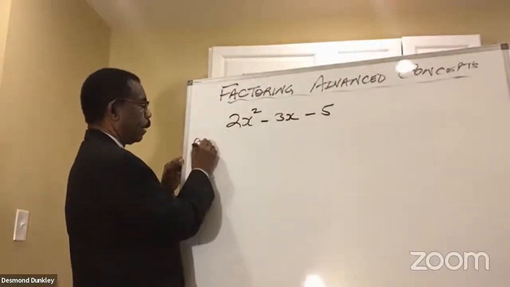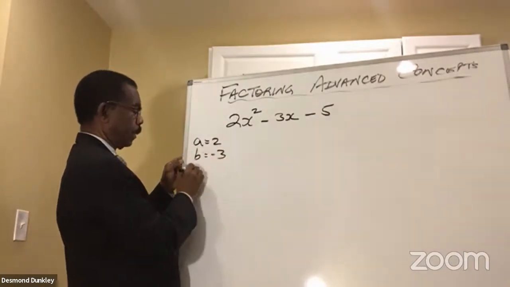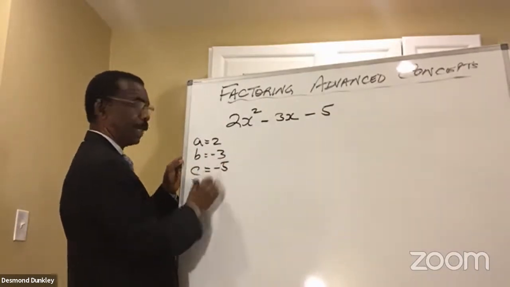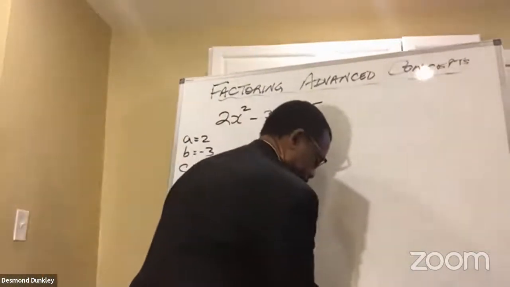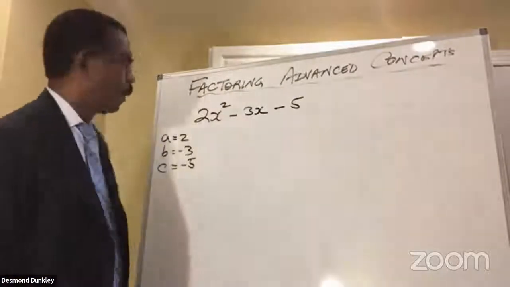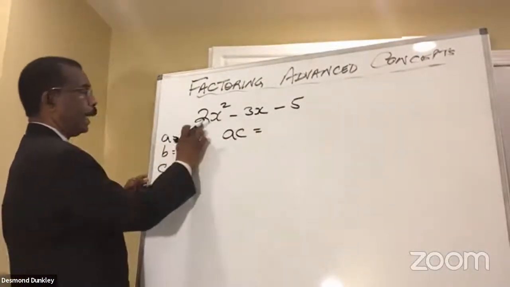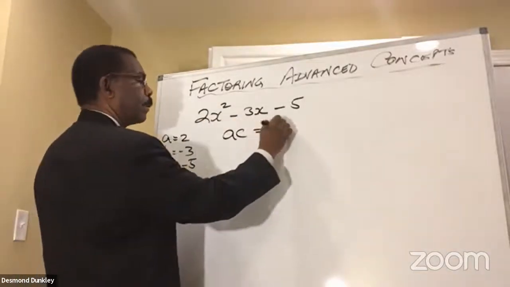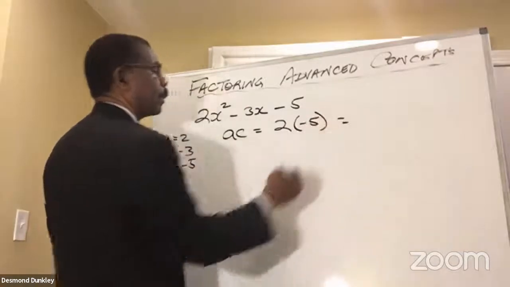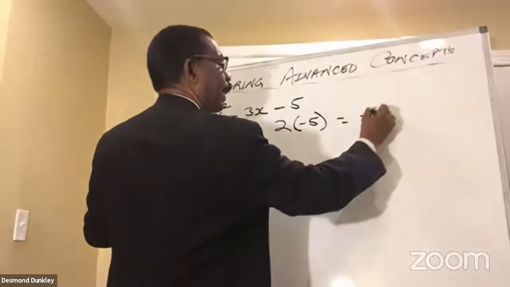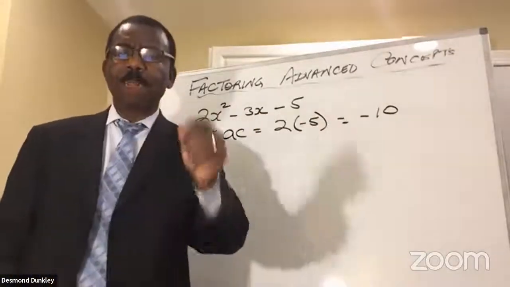A equals 2, B equal to negative 3, C equal to negative 5. Okay? AC. A times C is 2 times negative 5, equal to negative 10. So A times C is negative 10.